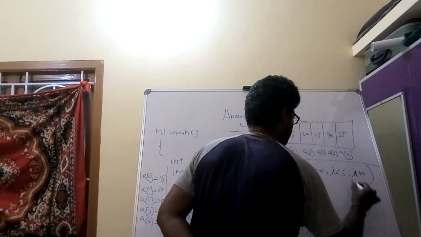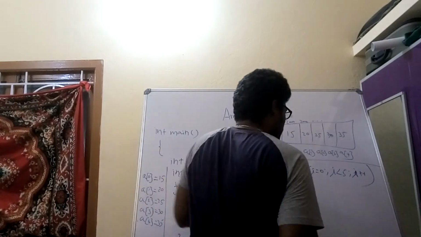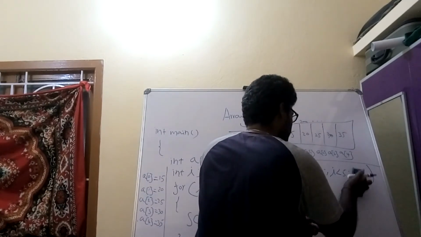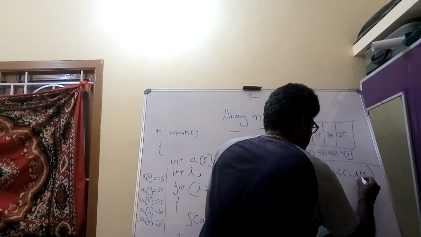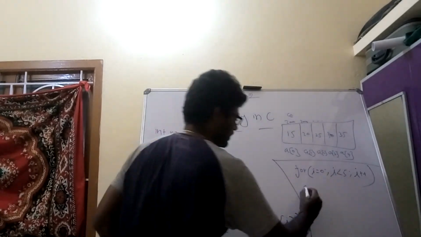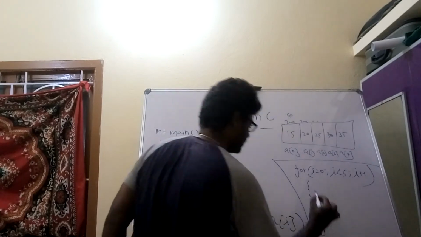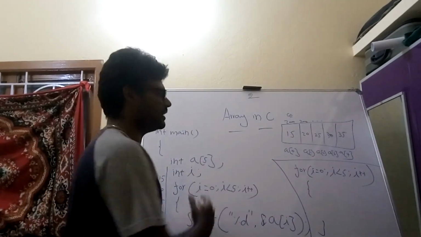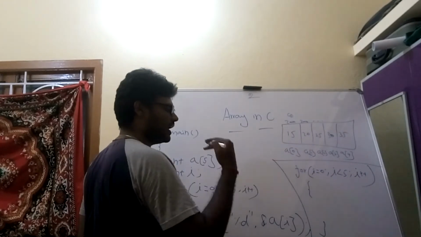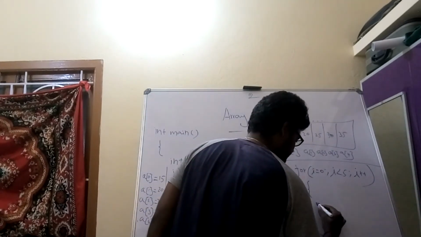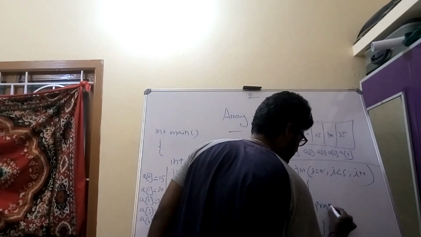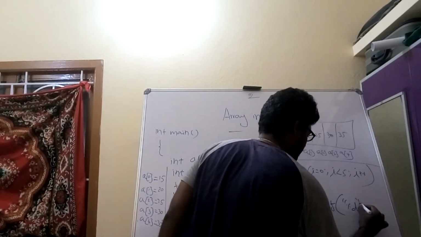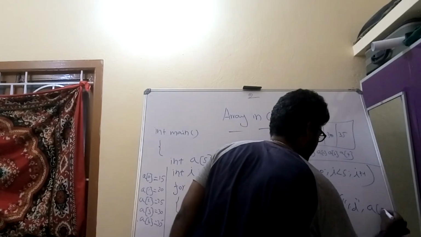This also works for 5 iterations. Here I am going to give a printf statement because we are going to print the elements which reside in the array onto the screen. printf of %d comma a[i].